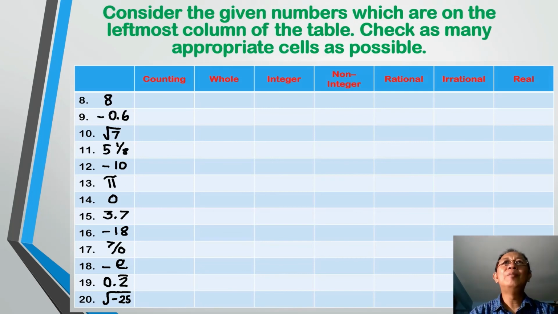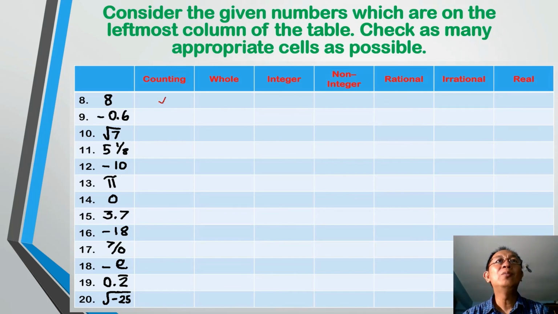Then, sa second part, ito. Consider the given numbers which are on the leftmost column of the table. Check as many appropriate cells as possible. So, tatanungin nyo lang ang sarili nyo, is 8 a counting number? So, sasagutan ko na yung number 8. Is 8 a counting number? Pag answer mo ay yes, i-check mo.